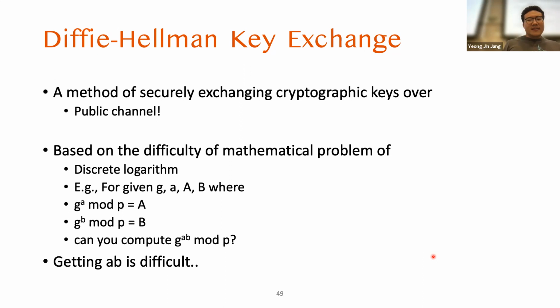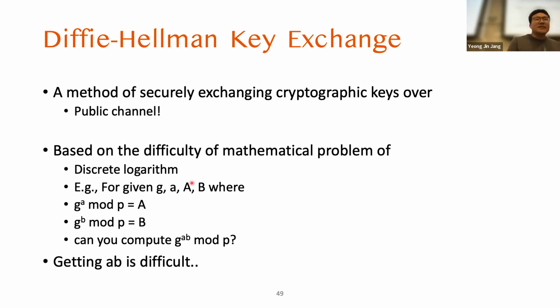What it allows is that two entities keep their own secrets, but they can share a common secret over the insecure channel. This algorithm is based on the difficulty of the mathematical problem of the so-called discrete logarithm.